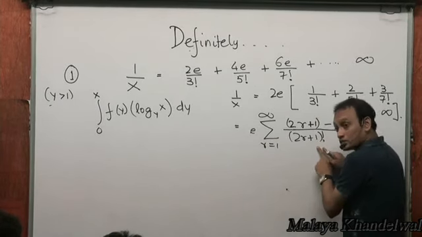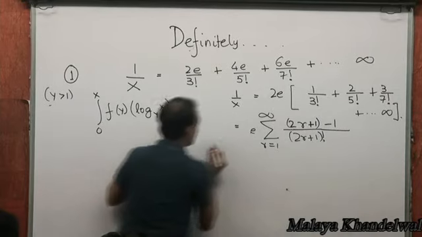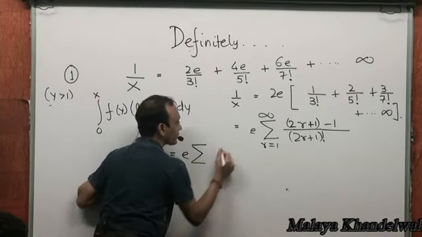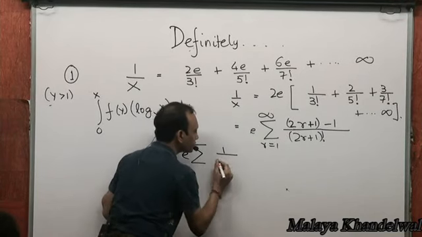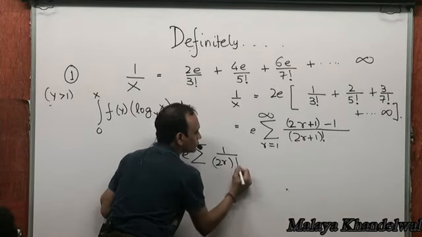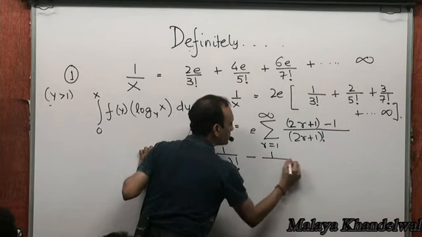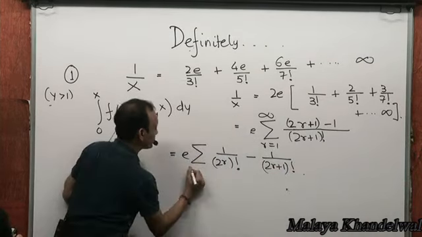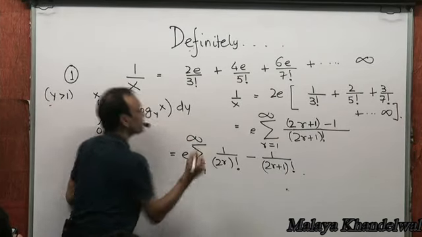And 1 by 2r plus 1, right? That's what I'll get. So this is like e times summation 1 by 2r factorial minus 1 by 2r plus 1 factorial, r equal to 1 to infinity.